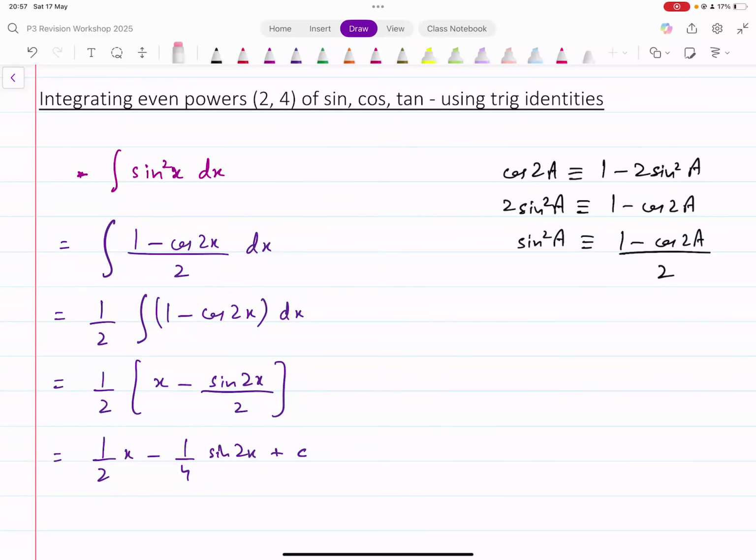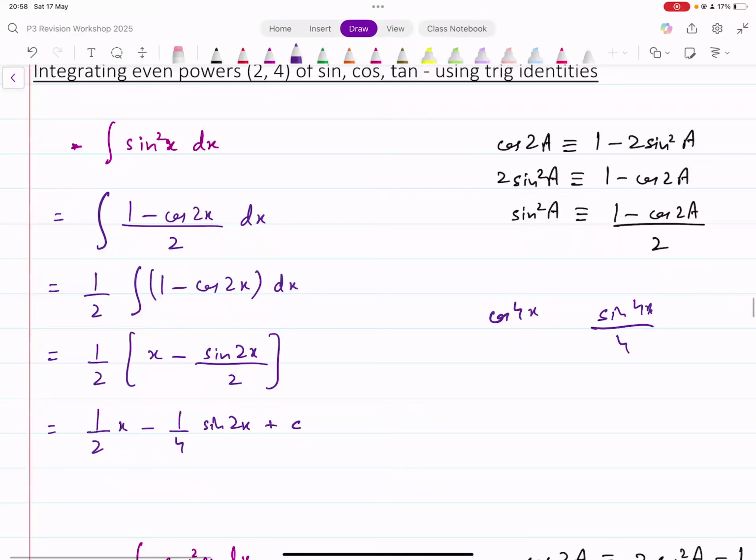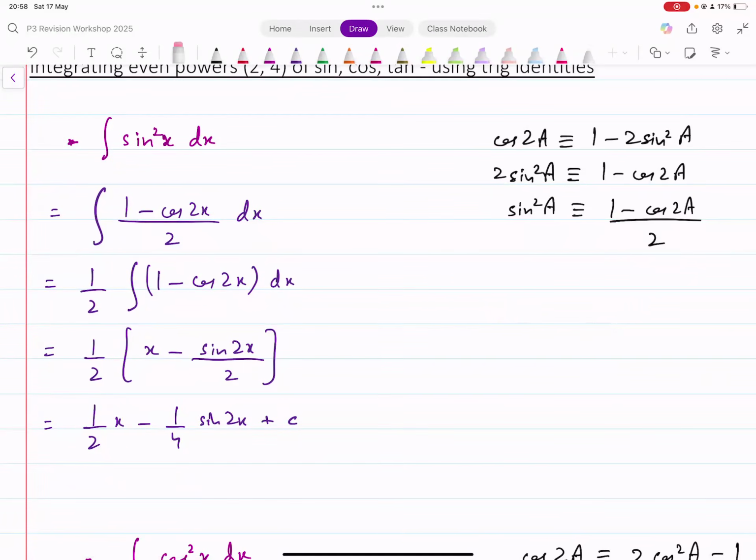So even powers are integrated using the trigonometric identities. Yes, if we had cos of 4x, integration of cos 4x would be sine 4x divided by 4. That's correct. Okay, now let's move on.